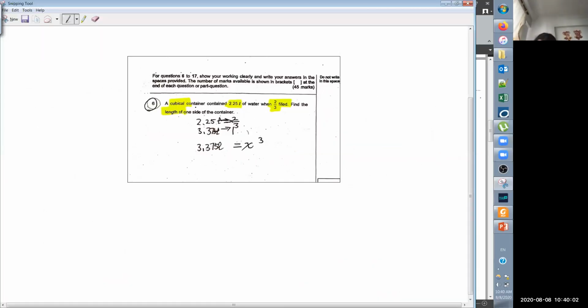So it says a cubical container contains water when two-thirds filled. Okay, so basically a container, you split into 3 parts. So when it's two-thirds filled, let's say that is called x.